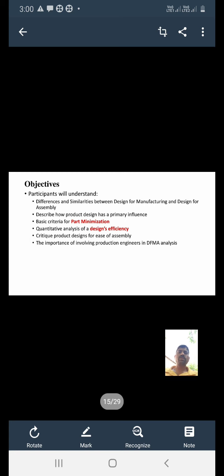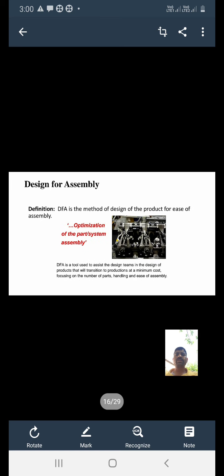This is the important objective. Once participants have understood all the objectives, we will go on to design for assembly. Design for assembly we have already seen: optimization of the parts or system that we can assemble.